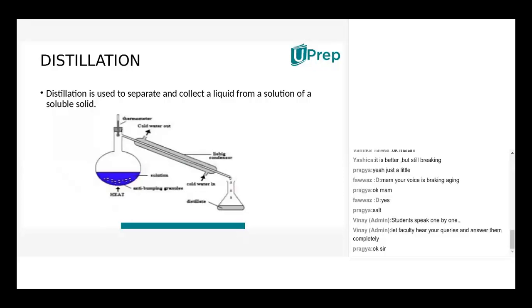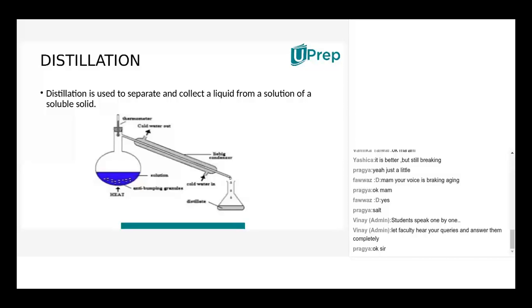This is very interesting, like distillation. What is distillation? Distillation is to separate a collected liquid from different solids. Distillation is used to separate different kinds of liquids based on their boiling points.